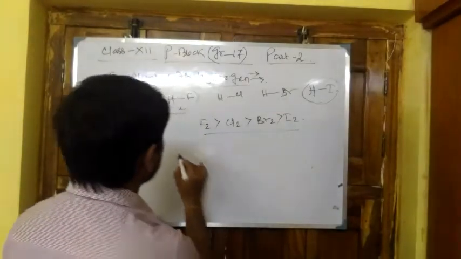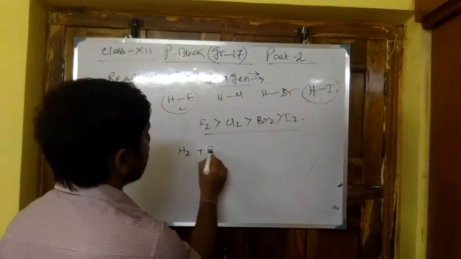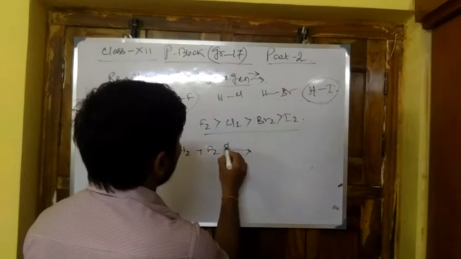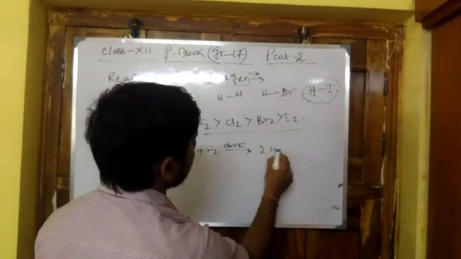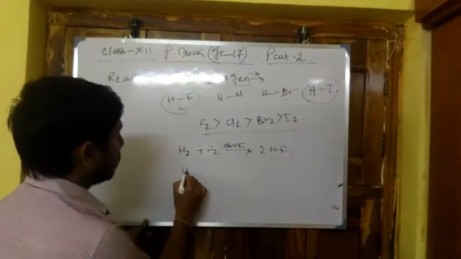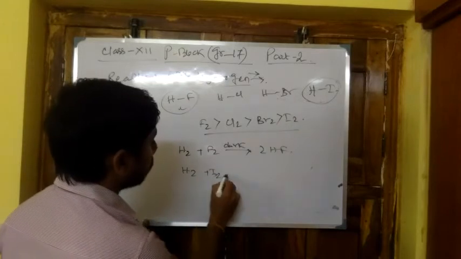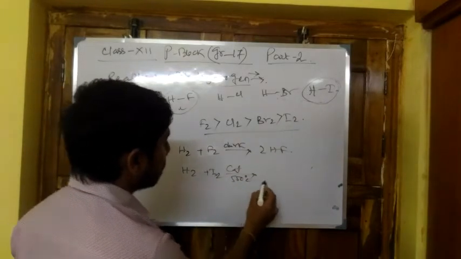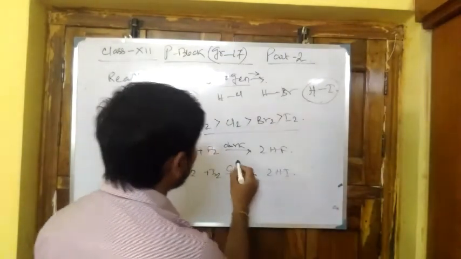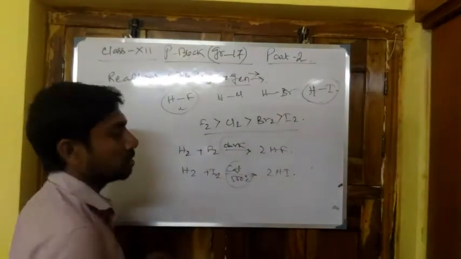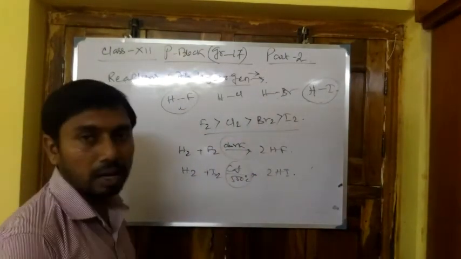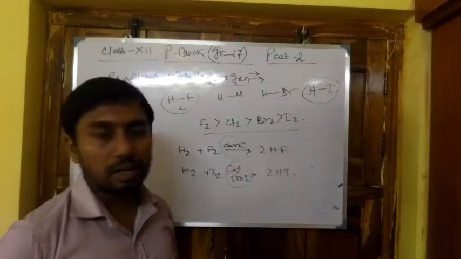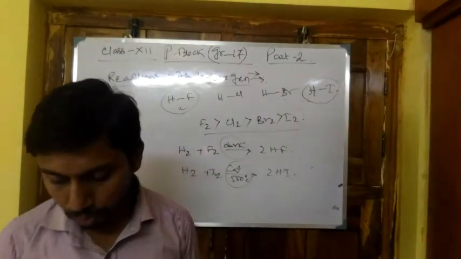So there is a contrast. H2 plus F2 in dark forms 2HF, but H2 plus I2 needs a catalyst and 550 degree centigrade to form HI. So strong reaction conditions are required in case of iodine, but fluorine reacts in dark. So it is a proof of that.